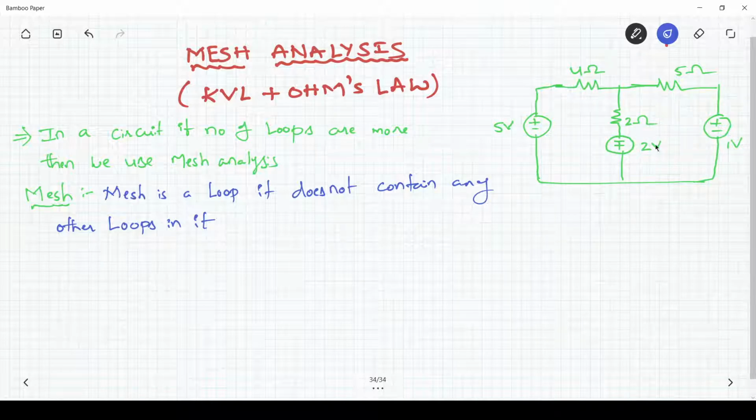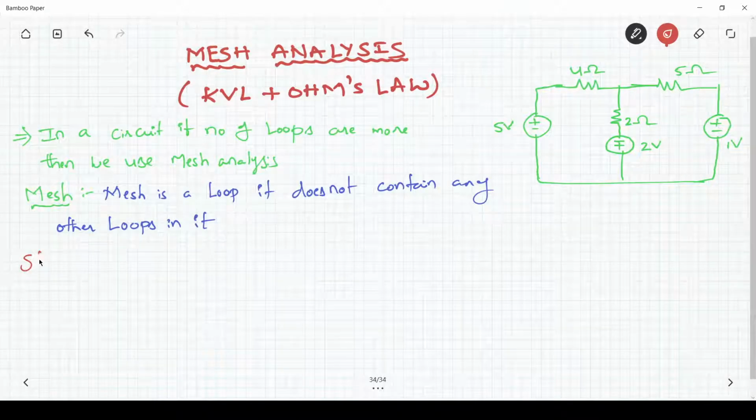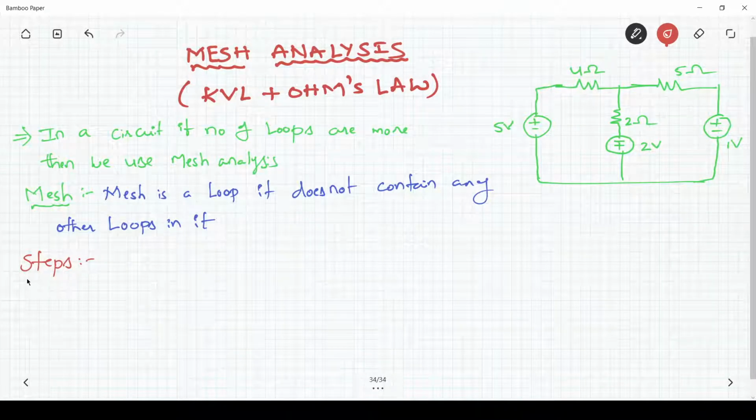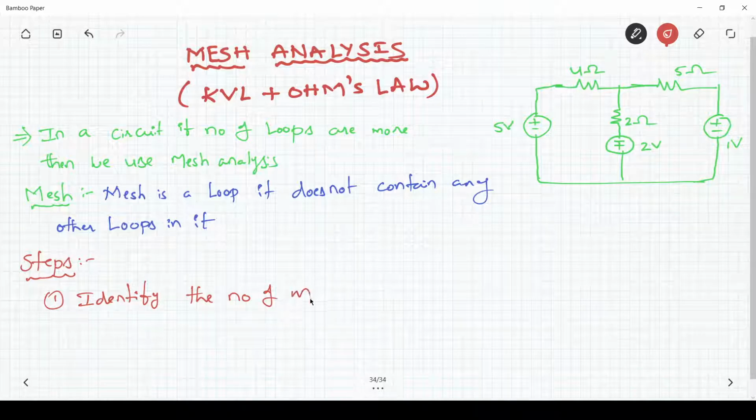Now this is the circuit given. We need to find out current or voltage in any element. So how to proceed? Follow these steps. First step is identify the number of meshes.